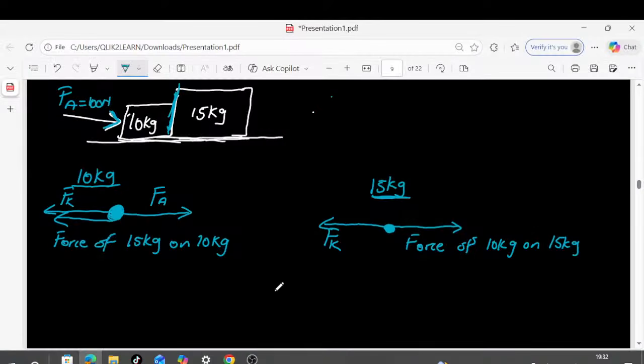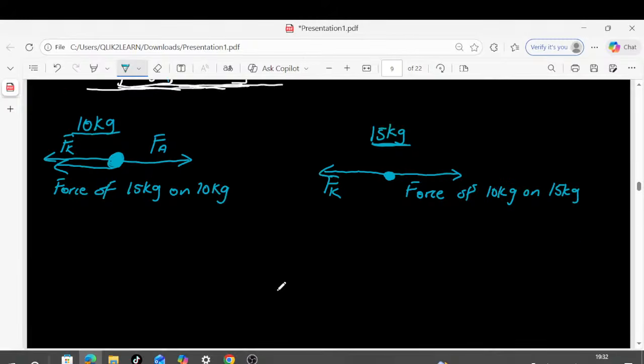So now look at this. We have two free body diagrams. One thing I need you to do: remember, these two forces are equal. I'm saying that these two forces are equal.